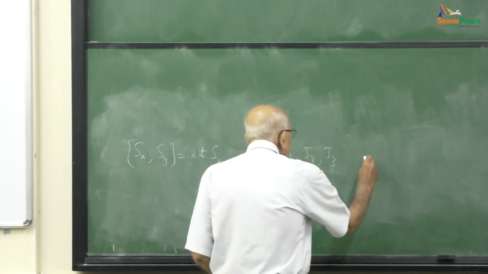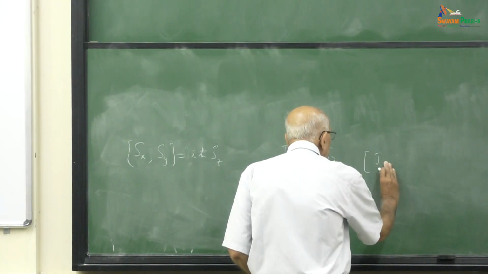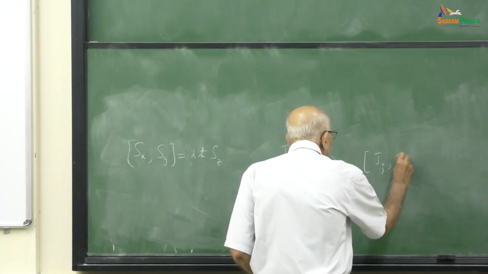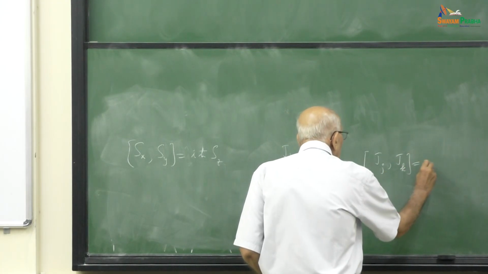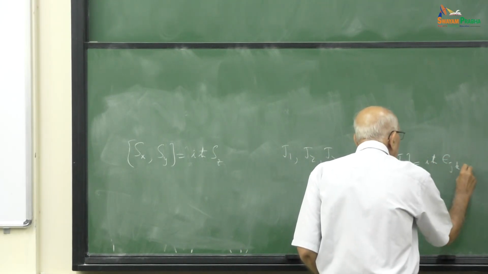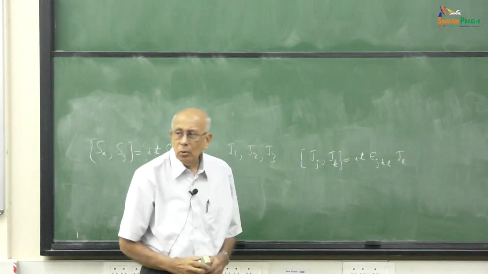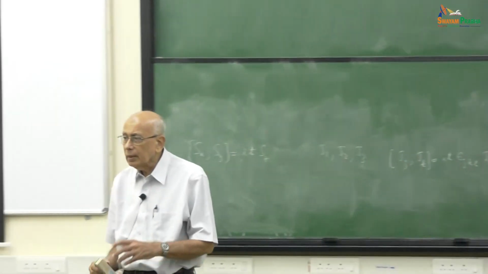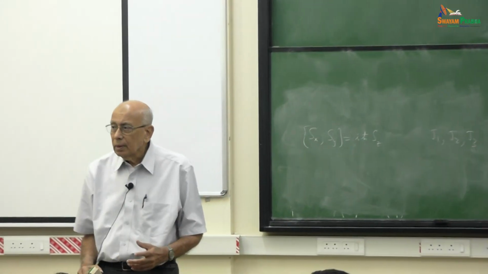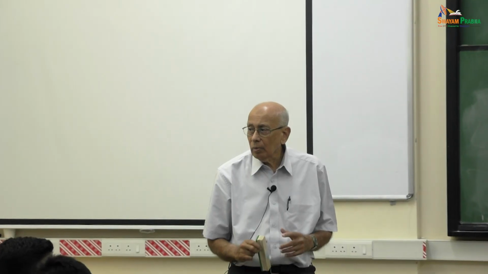And they satisfy this condition [Ji, Jj] equal to i h-bar epsilon ijk Jk. This forms what's called the closed angular momentum algebra. There are 3 such relations. And that's the definition of angular momentum. Any angular momentum operators will satisfy that in 3 dimensions.